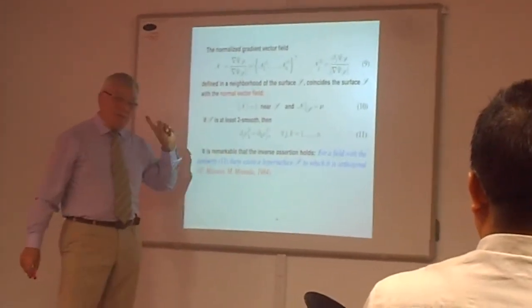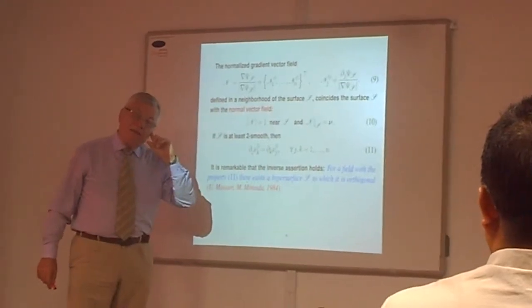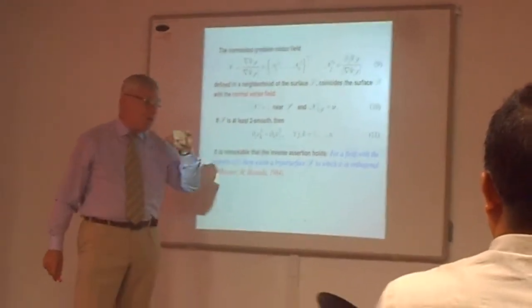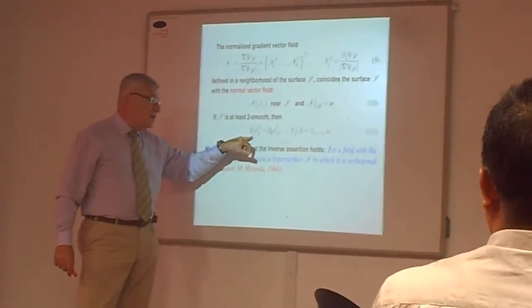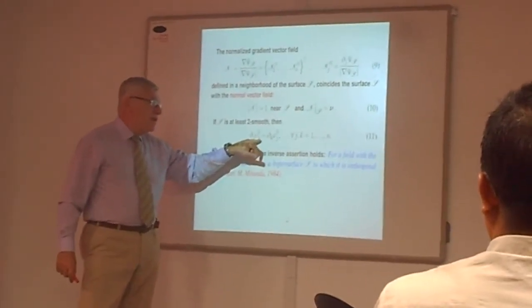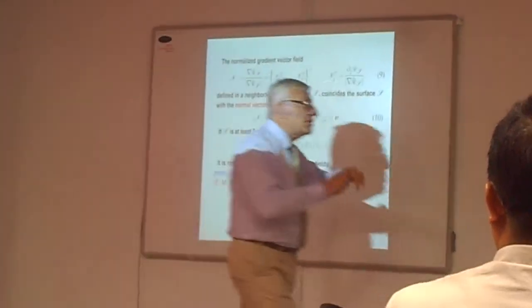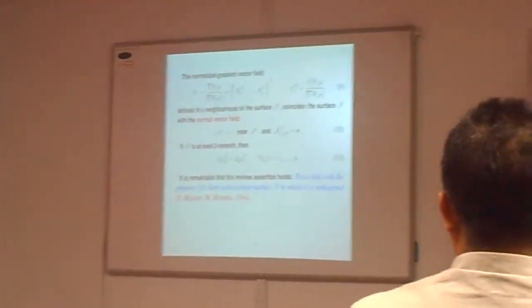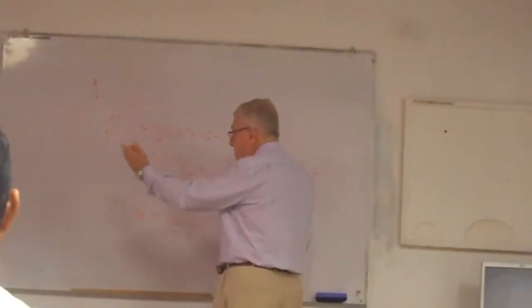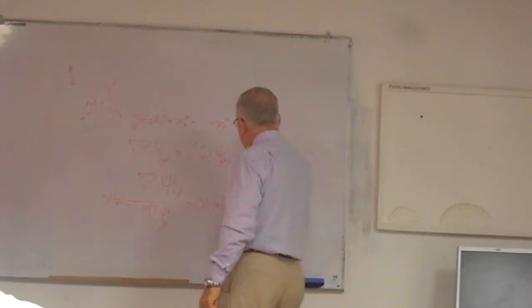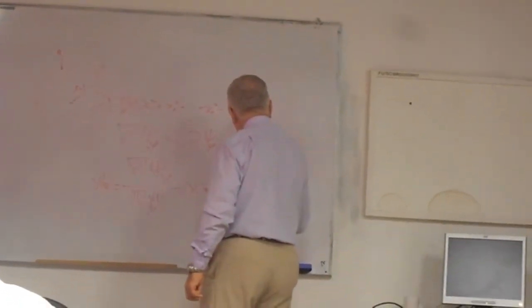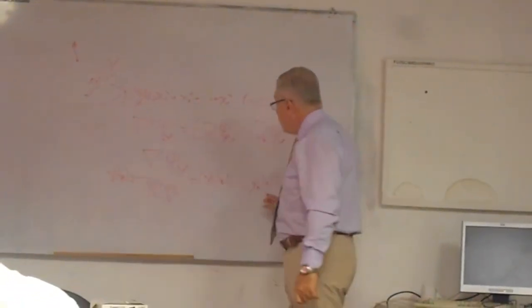And a very interesting property of this normal vector field is this one. Look here. The normal is a vector. It has n components because it is embedded in Euclidean space: nu 1 of x, and so on, nu n of x.